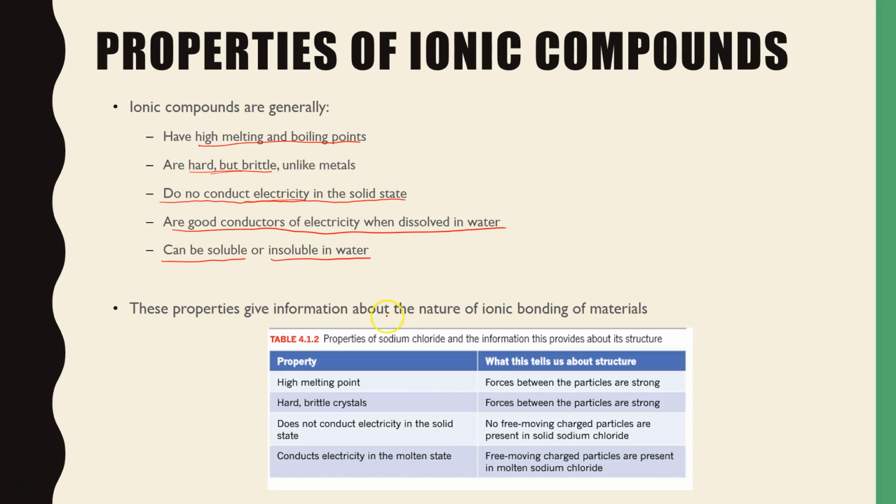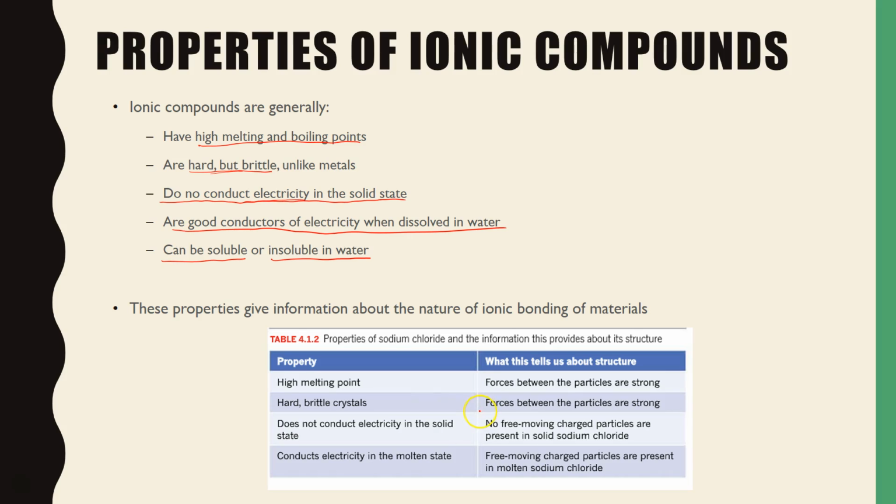Based on these properties, we can understand what the bonding structure of ionic compounds would be. Their high melting point suggests strong forces of attraction between the particles, meaning you need lots of energy to break it. They're hard, with brittle crystals forming, meaning the attraction between the particles is strong.